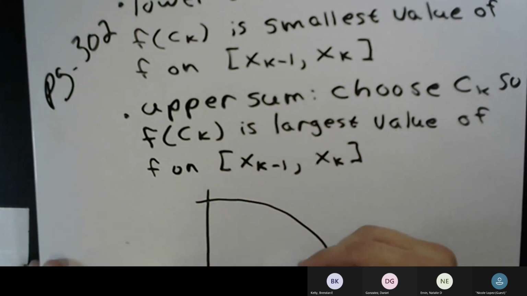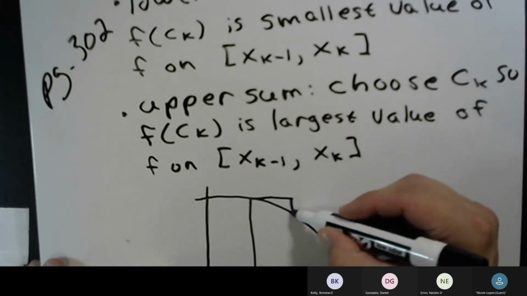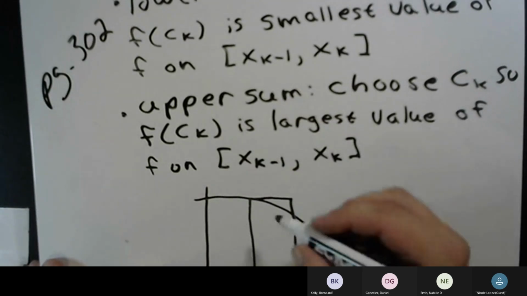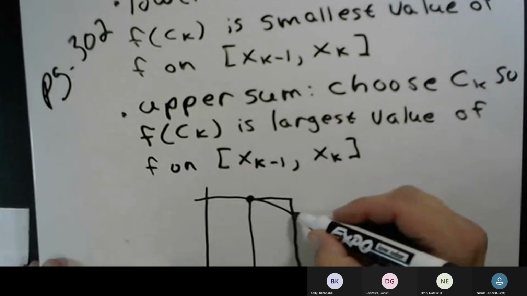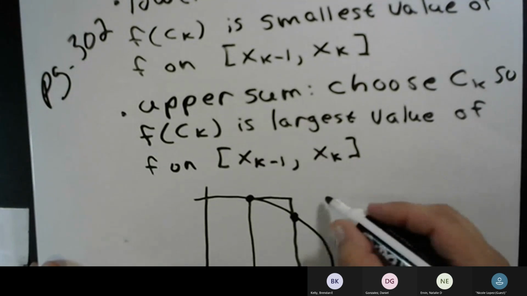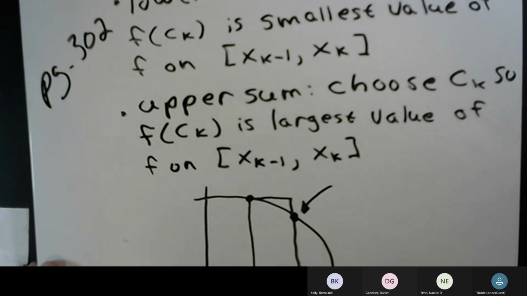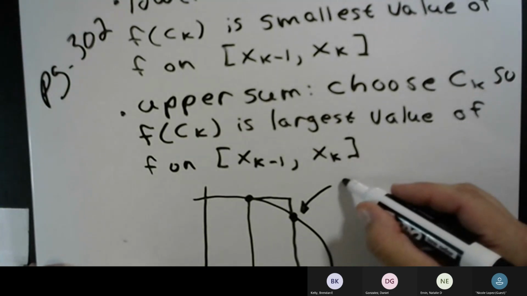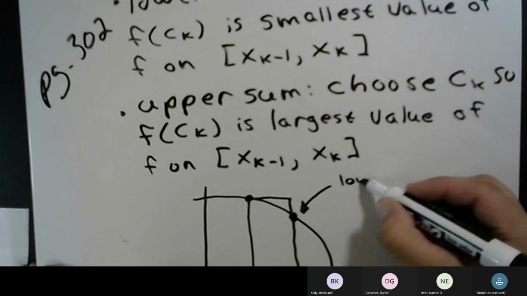But what we're talking about here, let's say we have something like this. We could say we have this value, and we could call this CK. On an interval, we'll call this xk minus 1, and we'll call this xk. This is where you would use the lower sum.